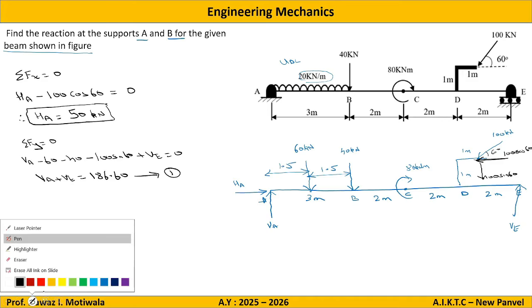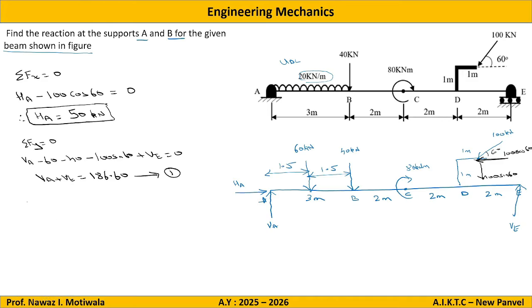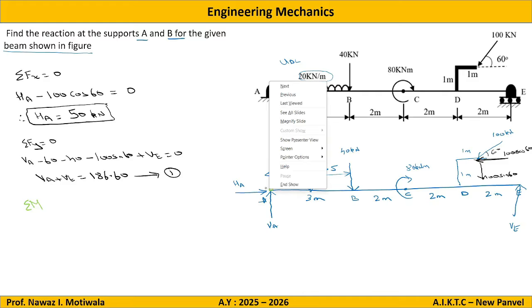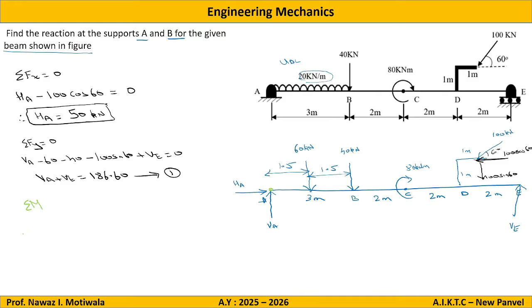Now the third equation is summation of moments about any point, which should be 0. So let us say I will take point A, as there are two forces on this. So I will go for moment at point A equal to 0. If it is moment at point A, HA and VA will become 0 because they are passing through the same point.